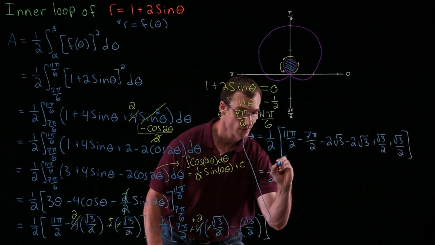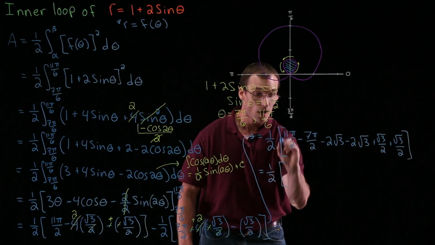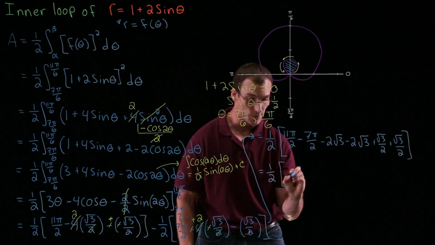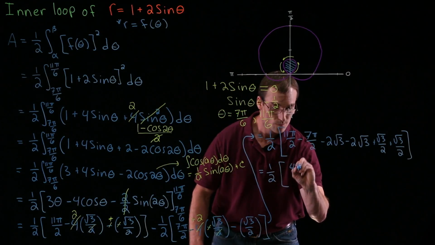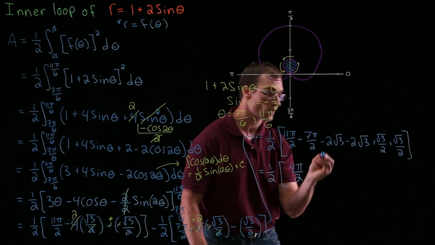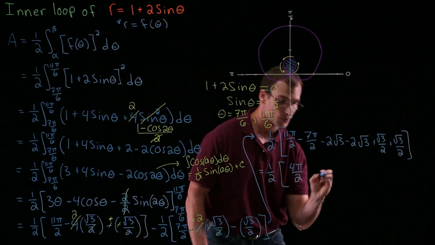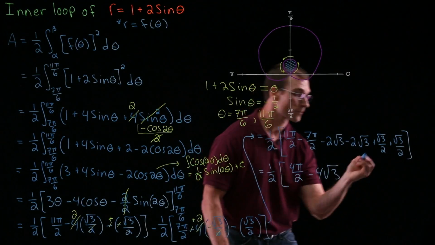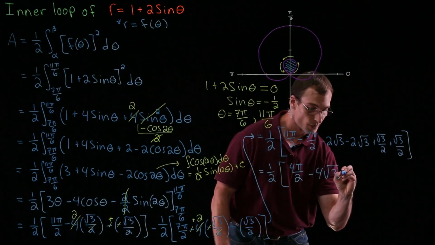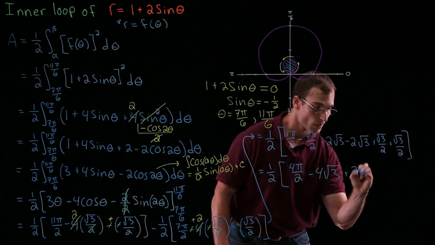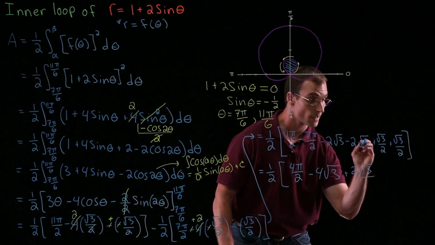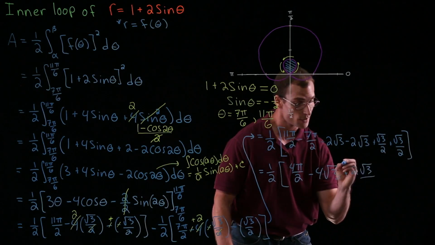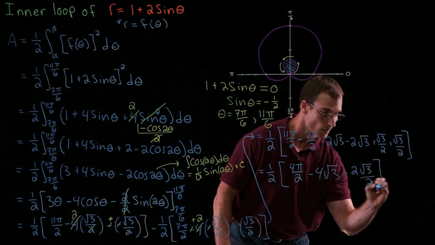So giving us 1/2. Okay, 11 pi over 2 minus 7 pi over 2 is 4 pi over 2. And minus 2 root 3 minus 2 root 3 gives us minus 4 root 3. And then, I'm sorry, root 3 over 2 plus root 3 over 2 gives us 2 root 3 over 2.